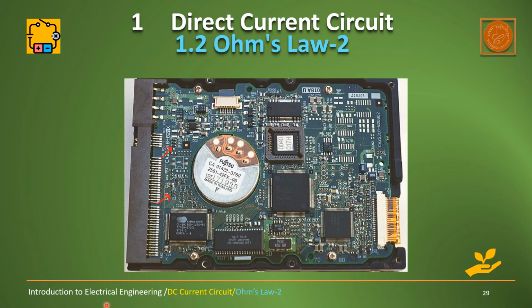Another circuit board example shows resistors packaged in even smaller units, called surface mount devices. This particular circuit board is the underside of a personal computer hard disk drive.